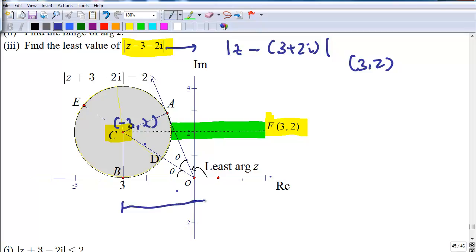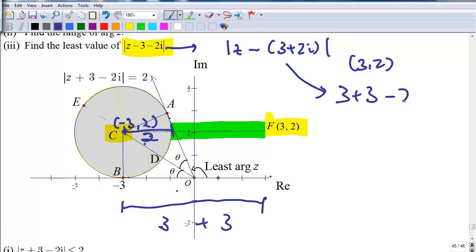Because that shortest distance is this distance minus the radius of the circle. What is this distance below? It is 3 plus 3. And what is the radius of the circle? 2. So the least value of this modulus is 3 plus 3 minus 2 equals 4 units.